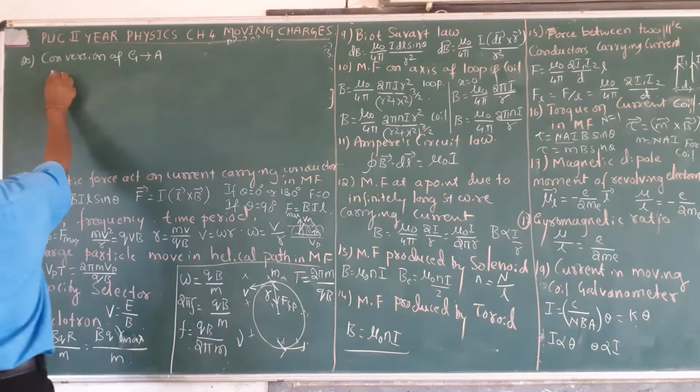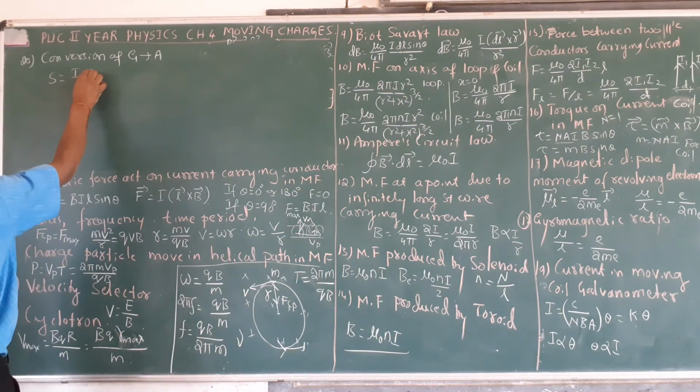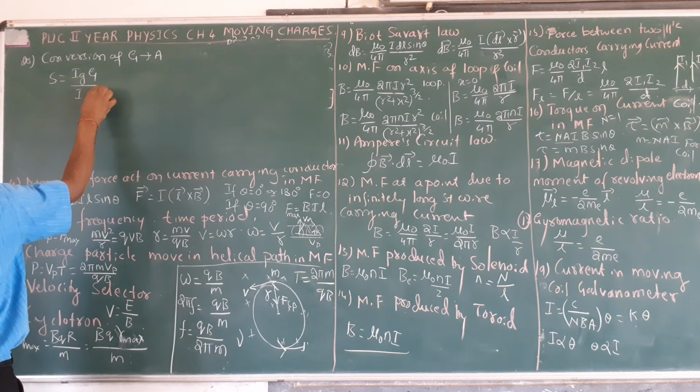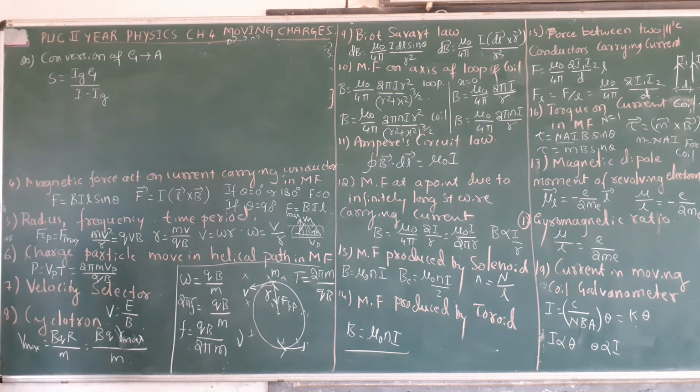That shunt resistance S is equal to IG G upon I minus IG. What is IG? Full scale deflection current. I is the current which is measured and G is the galvanometer resistance.